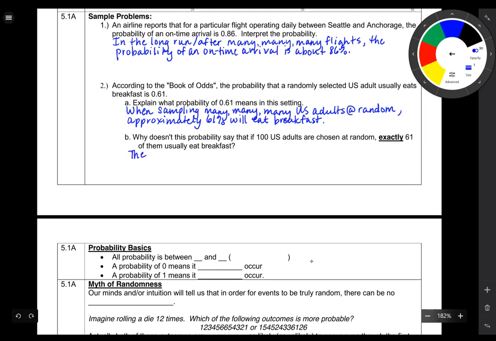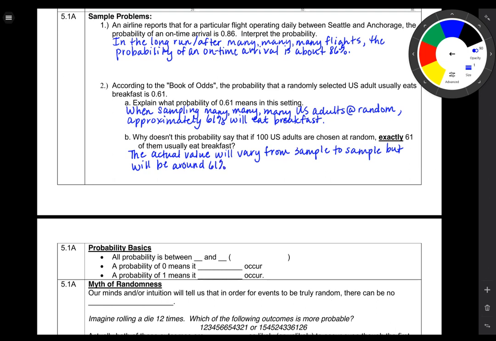So the actual value will vary from sample to sample, but will be around 61%.